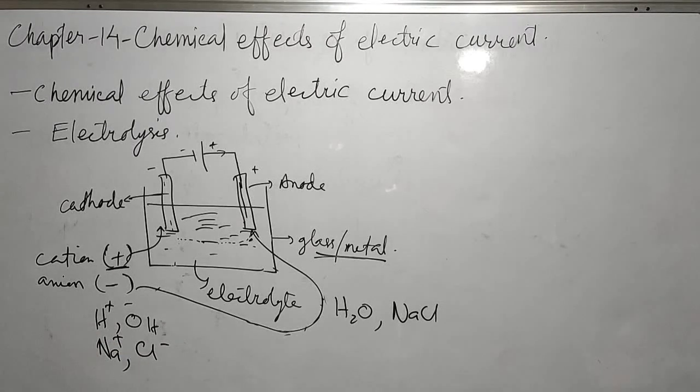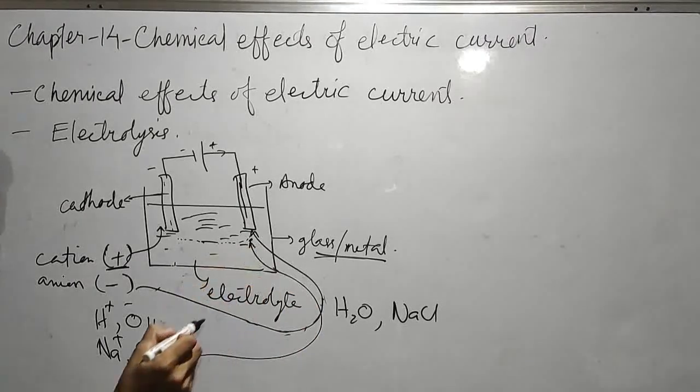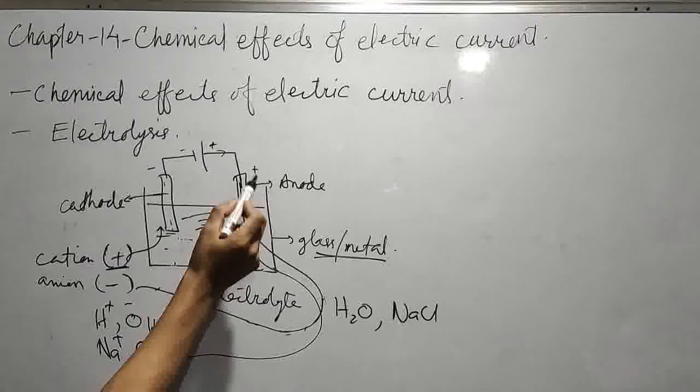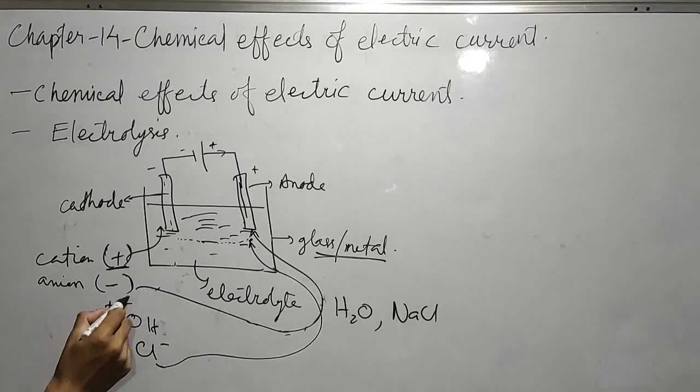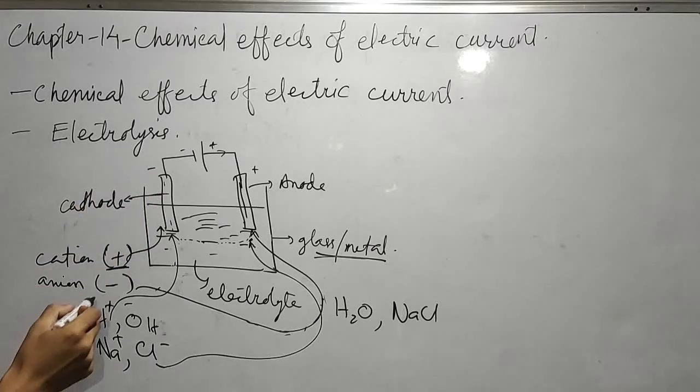Now here the chloride ion is a negatively charged particle, therefore it will get attracted to the anode, which is positive, and H plus will get attracted to the cathode, which is negative. Unlike charges attract, isn't it?